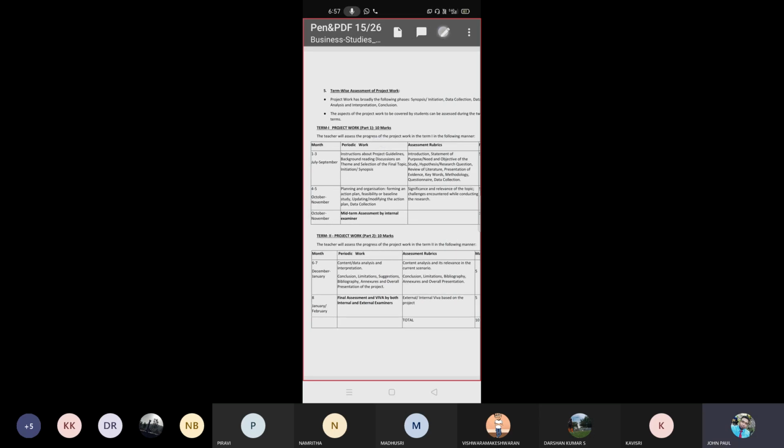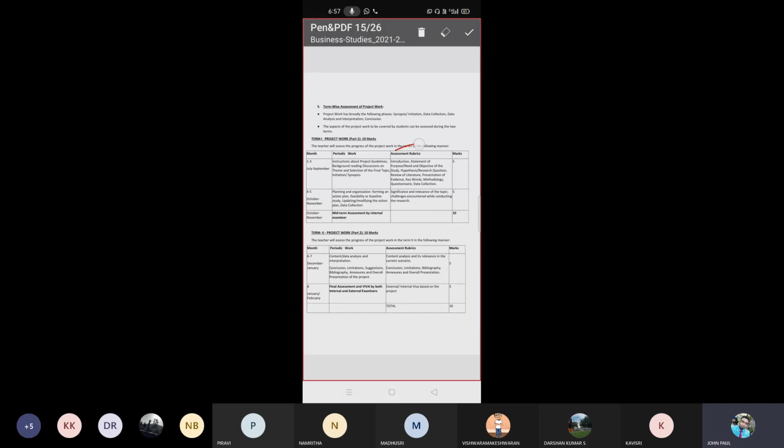So, the term-wise assessment: there are two terms. The first term is July to September. Instruction about guidelines, background reading, discussion on theme, selection of the file, final topic, initiativeness, synopsis.